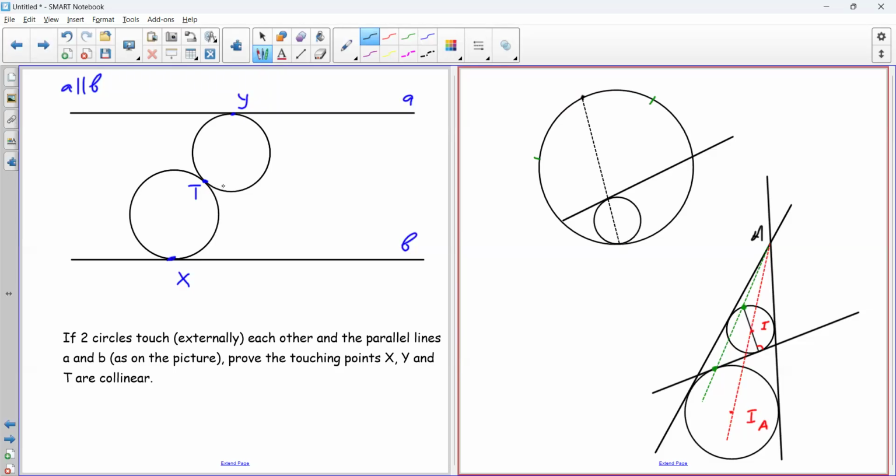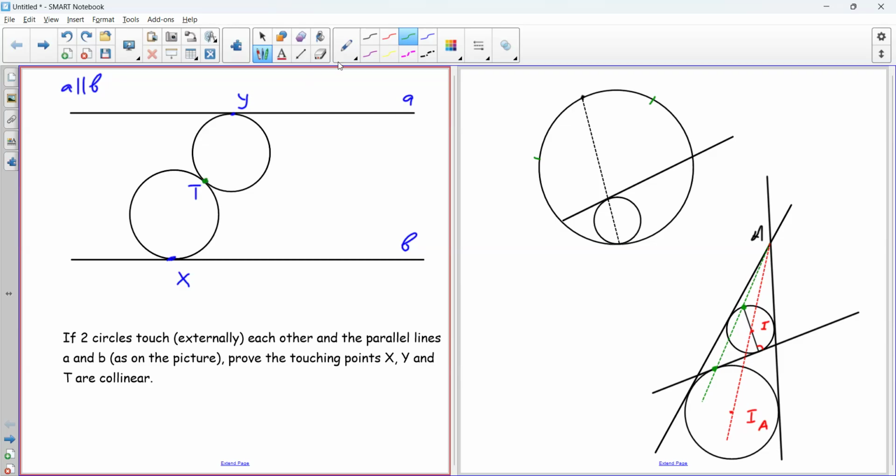Here, what is very probable to be used would be homothety with the center T. There are some signs that we better do the homothety with this center.